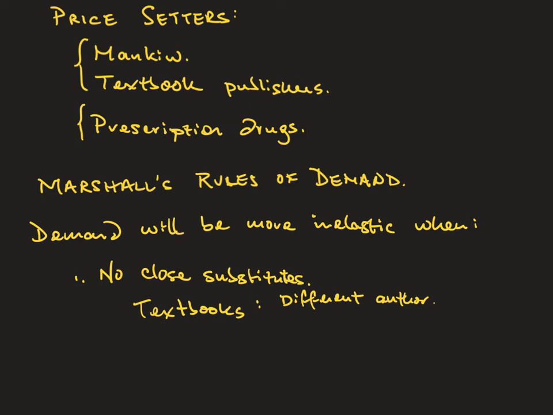But other options might be, I don't know, I can ask you all. Have you ever tried going with something that's not exactly the book that was required for the class in order to save money? What can you do? Anything? Older editions?